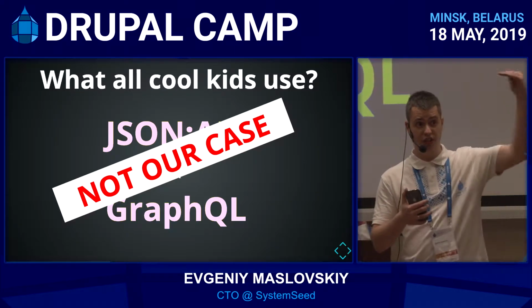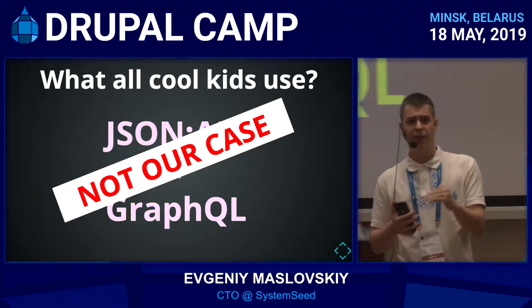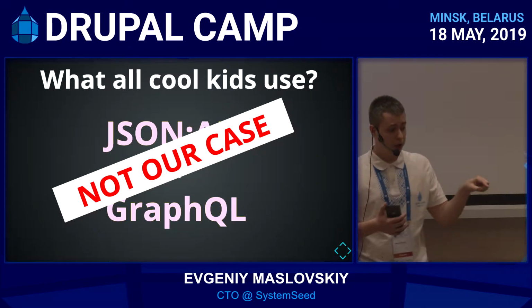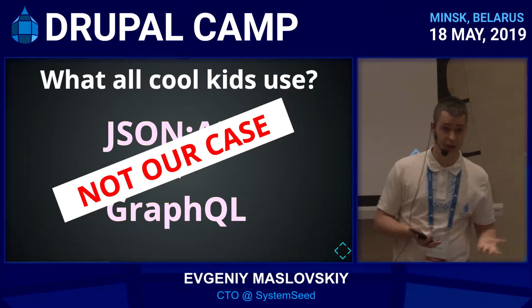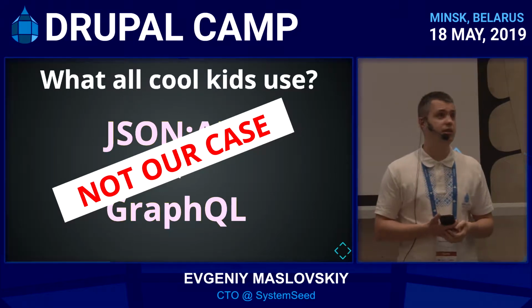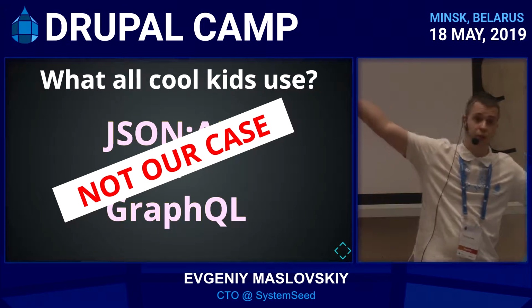So the structure is node, then paragraphs, then these paragraphs have different fields. If you went with these solutions which all cool kids use these days, we would face insane problems with development and support, because the queries from the front end would be like this.